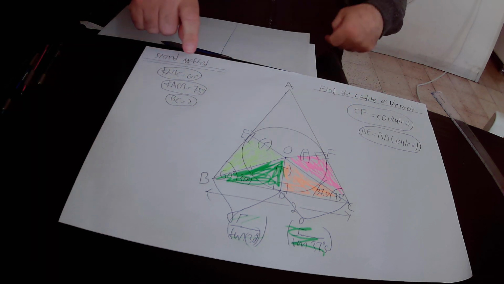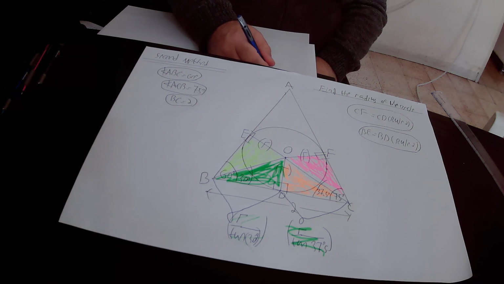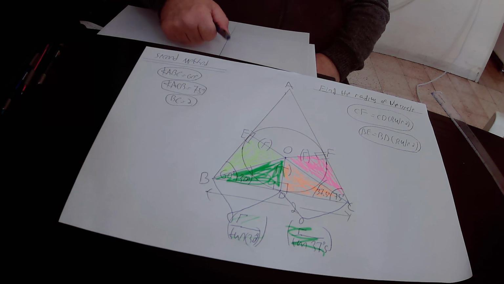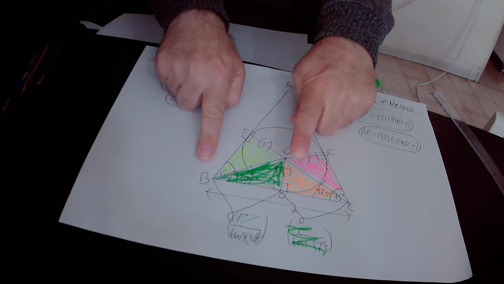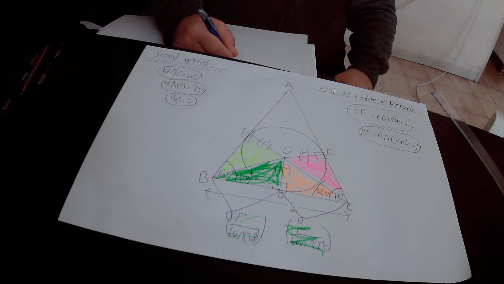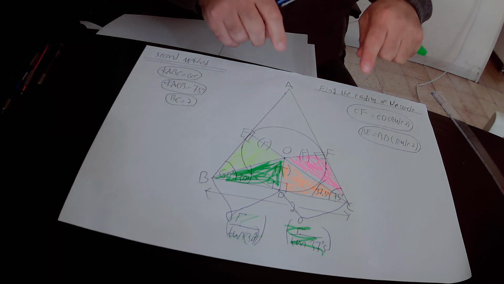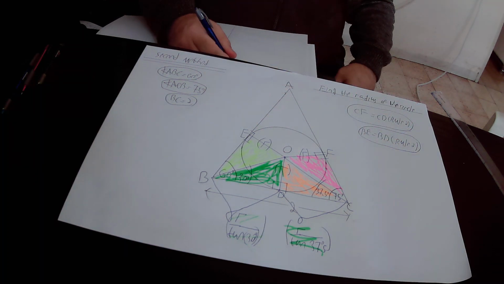According to what is given in the question, BC equals 2. So we substitute BC by 2, and it equals BD, where BD equals R over tangent 30 degrees. So we substitute BD by R over tangent 30 degrees, plus DC. DC equals R over tangent 37.5 degrees, so we substitute DC by R over tangent 37.5 degrees.